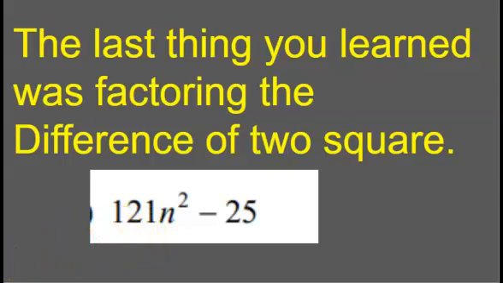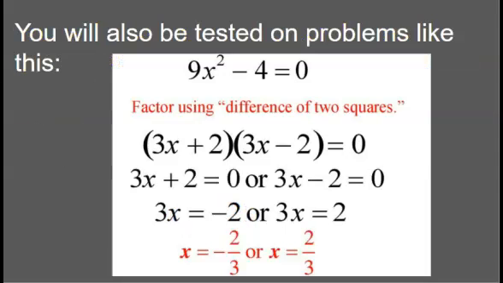One thing I did not teach you yet, but is left for you to figure out later on, or on the test, is this. You'll be tested on a problem like this. I'm going to give you this side, which we know is the difference of squares, and you have to know how to factor it. You should know that this factors to be 3n plus 2, 3n subtract 2. Because it's equal to 0, you should know to set those equal to 0.